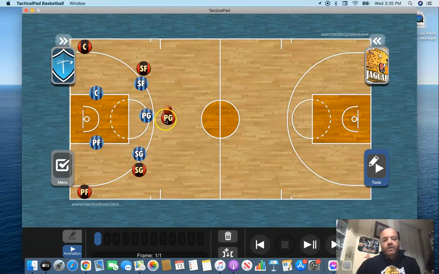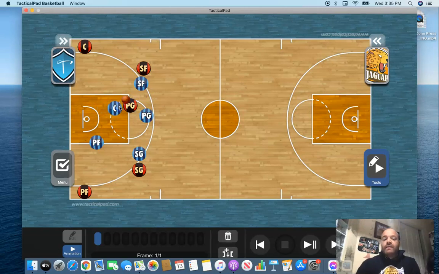Meaning if it's a drive right, this top guard has the ball in his right hand and he's going to drive right. The right side help, or on our defensive side the left side help, would be the person who, if they got beat, steps up and takes that on-ball challenge. Now he has help, and he would be defending the ball.